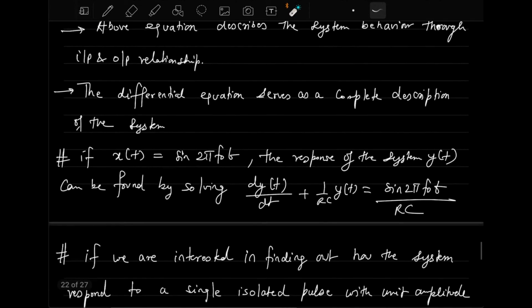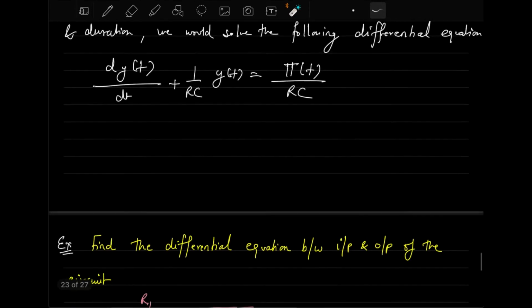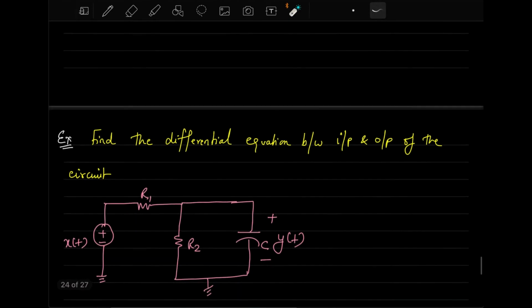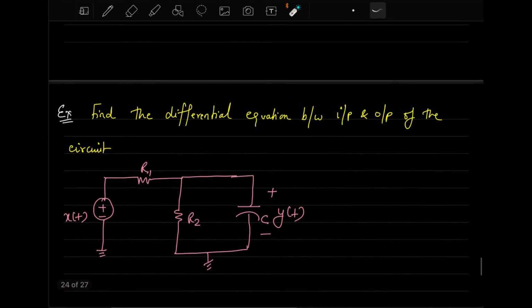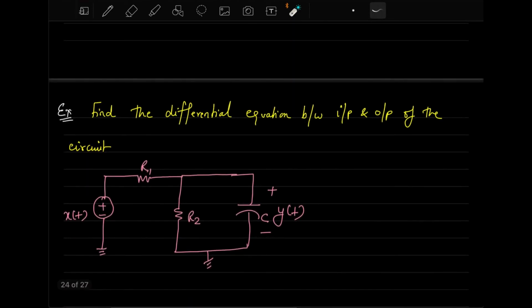Okay. The next thing is you have to find out the differential equation between the input and output for this circuit. I am giving you 5 to 6 minutes, and you have to come up with the differential equation, and I'll ask you what will be the answer for this particular circuit.